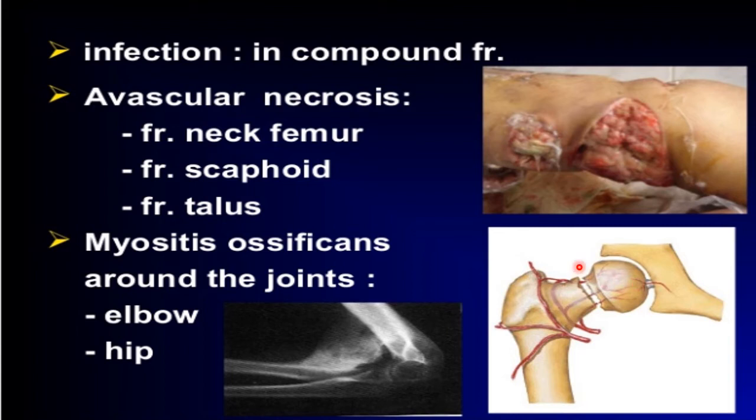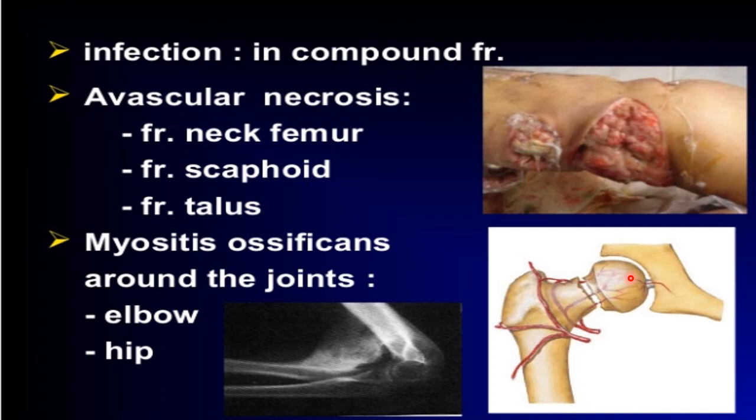If the bones break here, the blood vessels also break, and very limited blood supply comes through the ligament of the head of femur. So this part of the bone is now deprived of blood supply, and it will go into avascular necrosis.